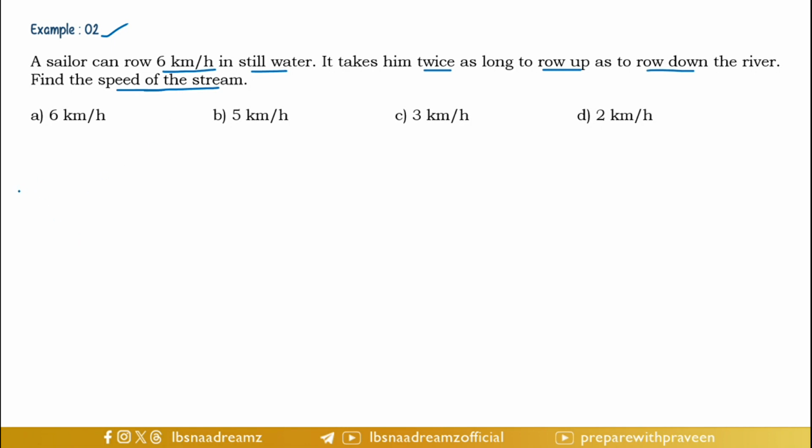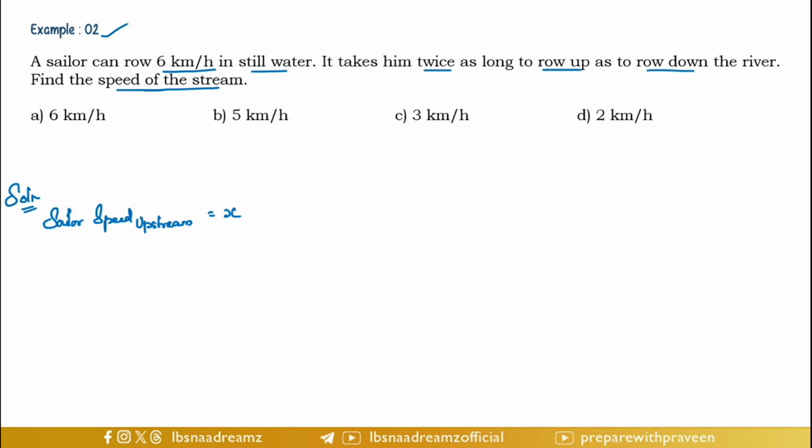So we have to find the speed of the stream. So let us take speed of the sailor in upstream is equal to x.